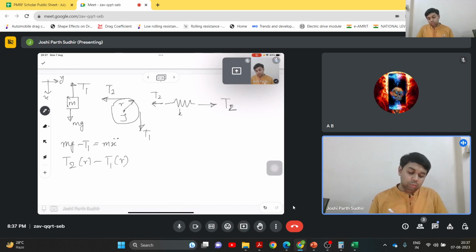The moment exerted by T2 will be anticlockwise, whereas the moment by tension T1 will be clockwise, so it will be minus T1 r, which is J theta double dot.